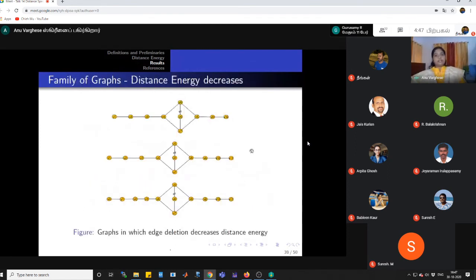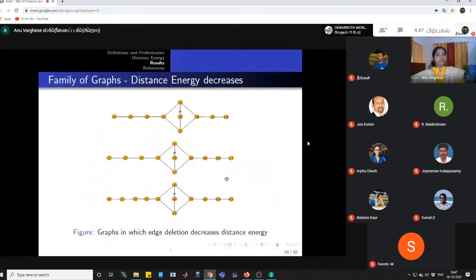This is an example. We found that it is infinite but not proved. This is a graph with 11 vertices, and this is a graph with 12 vertices. When we delete an edge from this graph, we will get this graph, and by using MATLAB we have found that the distance energy decreases on edge deletion.